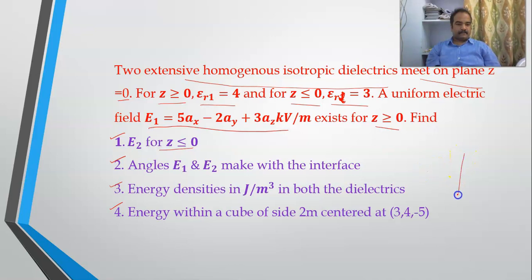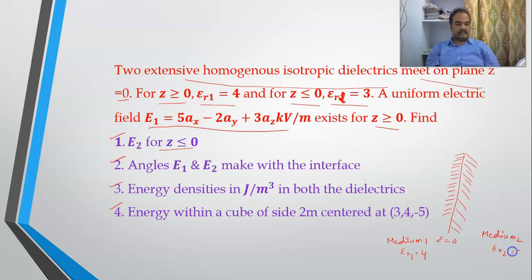If you see the problem, it can be clearly understood that there is a dielectric interface. This is one dielectric medium. This is z is equal to 0, and this is another dielectric medium. This is medium 1 entirely, which has an epsilon r1 value of 4, and this is medium 2 with epsilon r2 value of 3.